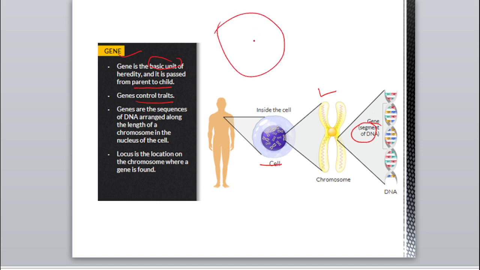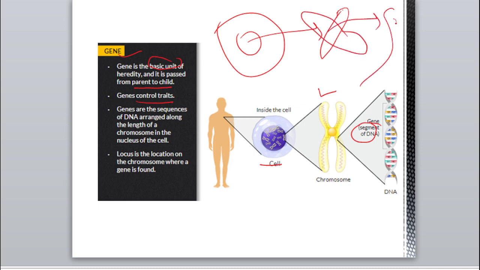So if this is a cell and this is a nucleus, inside the nucleus there is a chromosome, and in the chromosome there is DNA, and a particular functional segment of DNA is called a gene. The location on the chromosome where the gene is found is called locus. So this is called locus.